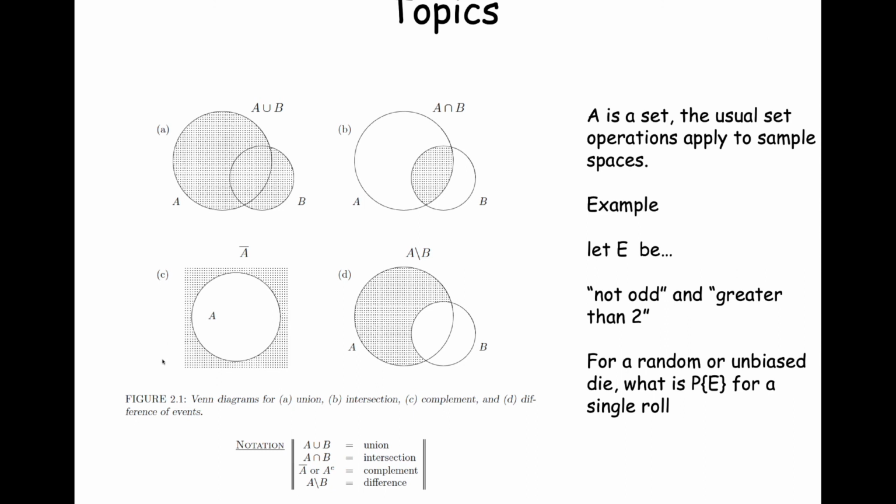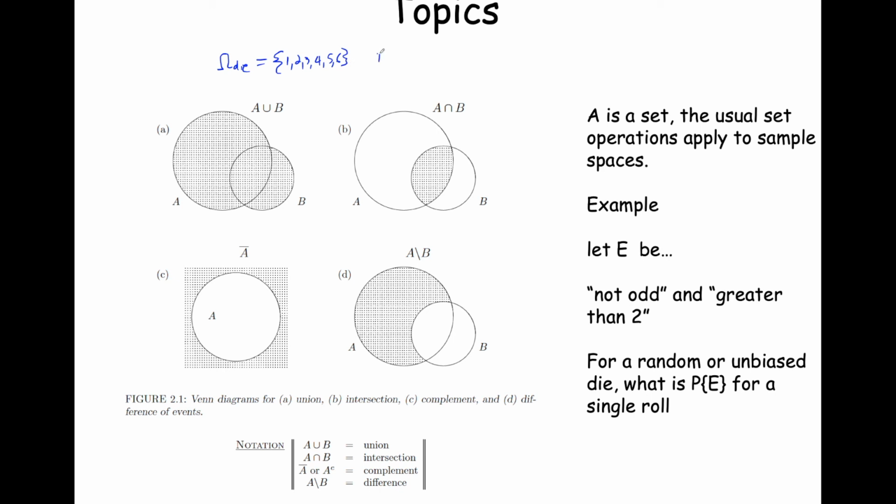Well, let's consider that. I think I'm going to use blue today. So we know that omega die, single roll of the die, is the set of all of the observable outcomes 1, 2, 3, 4, 5, and 6.